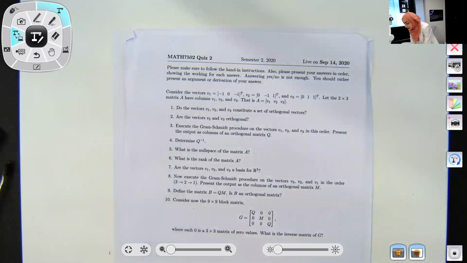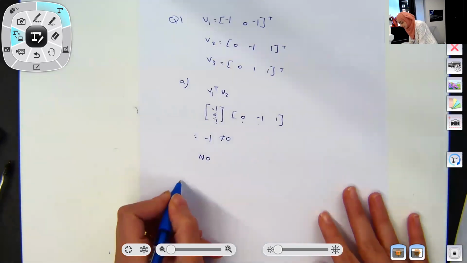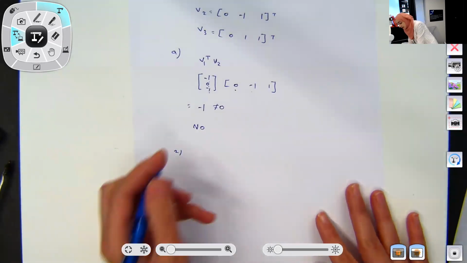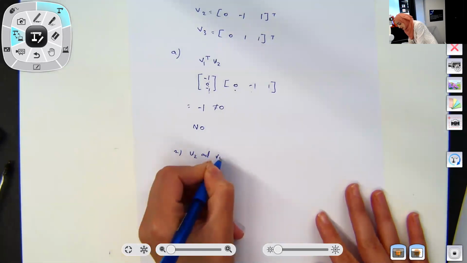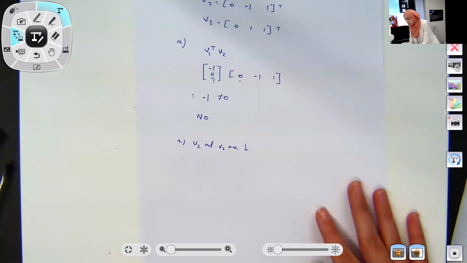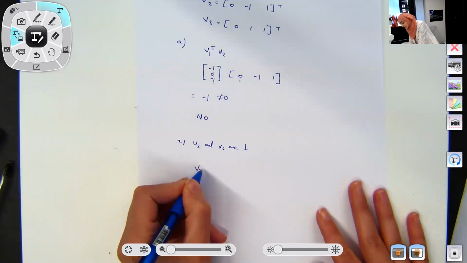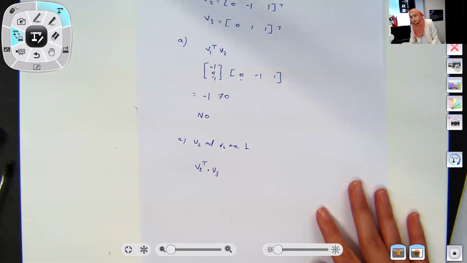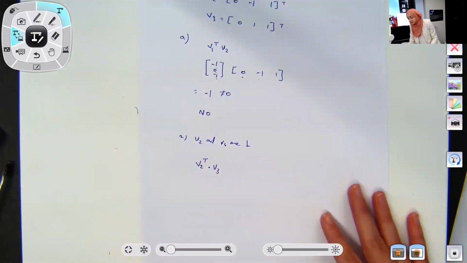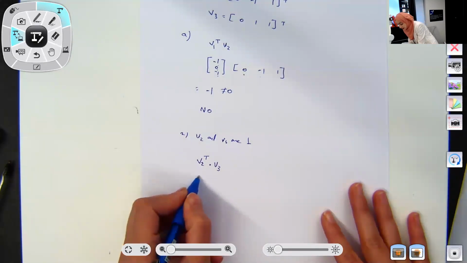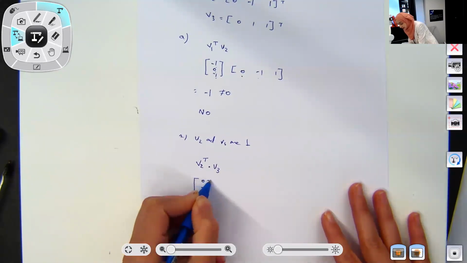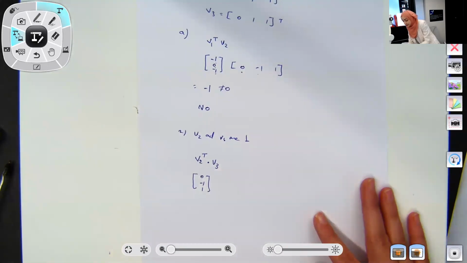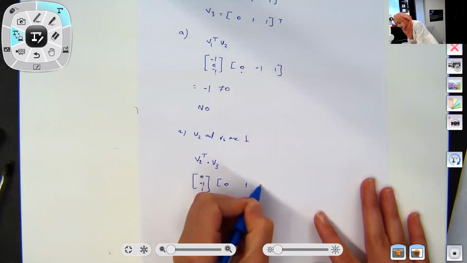To test that, we need to find v2 transpose times v3, the inner product between v2 transpose and v3. v2 transpose is 0, -1, and 1, multiplied with v3, which is 0, 1, and 1.